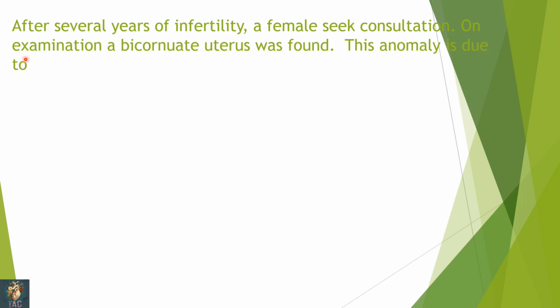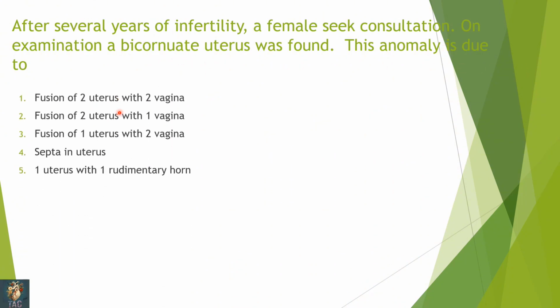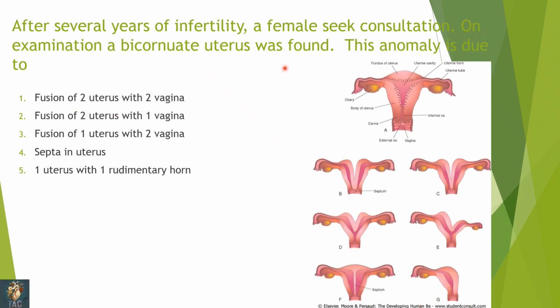After several years of infertility, a female seeks consultation. On examination, a bicornuate uterus was found. This anomaly is due to fusion of two uteri with two vaginas, fusion of two uteri with one vagina, fusion of one uterus with two vaginas, or a septate uterus with a rudimentary horn. So remember the two paramesonephric ducts.